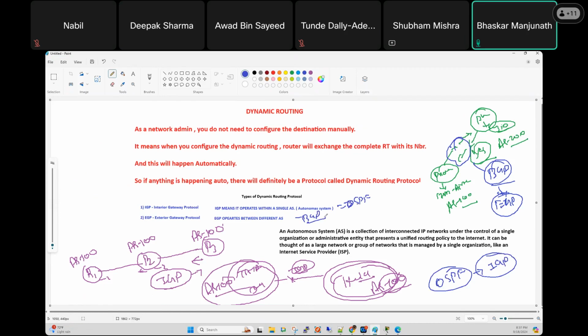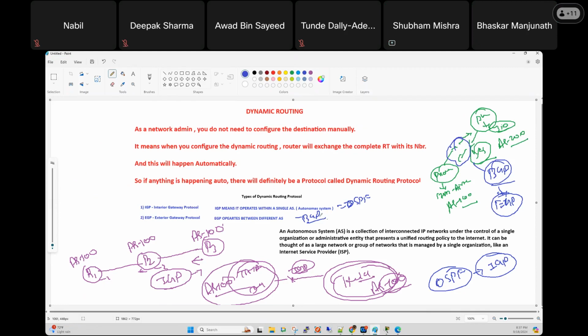So with the help of OSPF, we can make communication possible in the same AS, or you can say between the branches. Generally, we use OSPF. In my current company also, I am using OSPF. But I have ISPs also, Airtel and Tata, so at the ISP level we have BGP. Getting my point, everyone? I hope you understand.